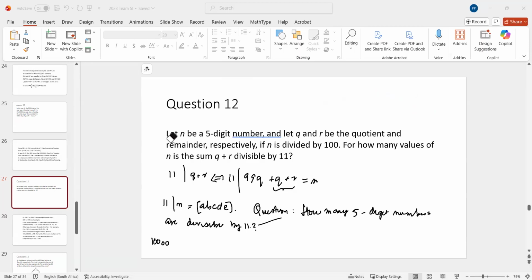Well, let's see. When I divide 10,000 by 11, I'd like to know what the remainder is. Eleven goes into this 9 times, 99, 100 goes to 11, 909 times 11. The remainder is 1.